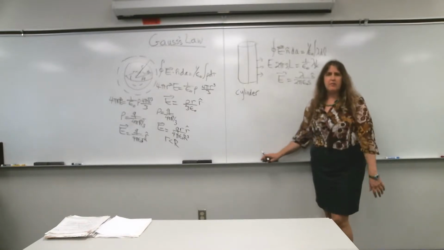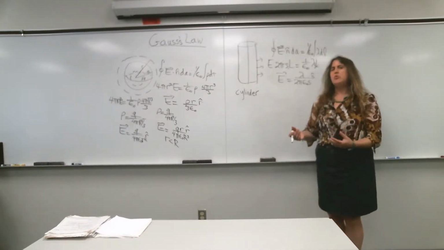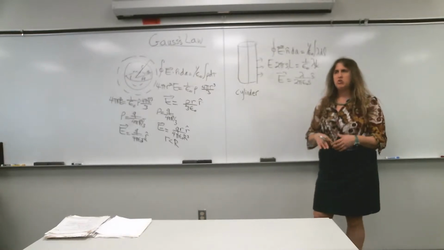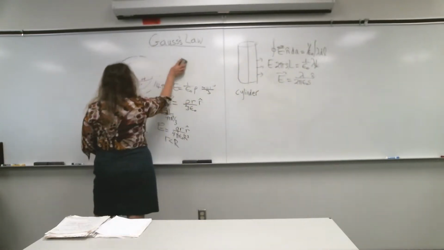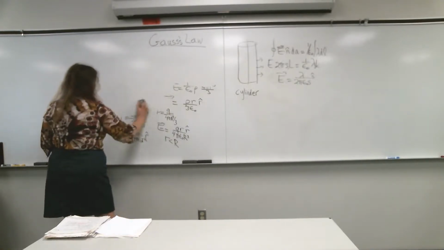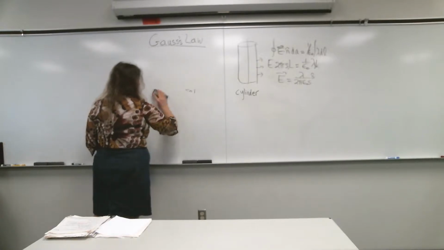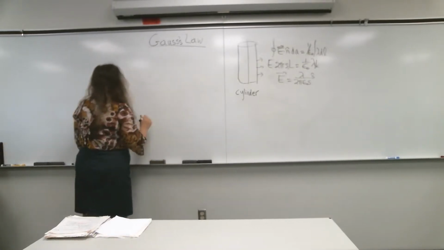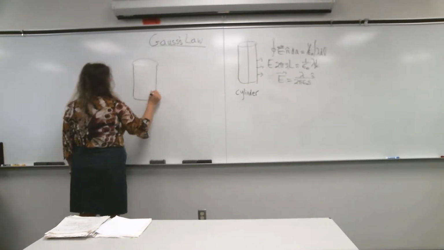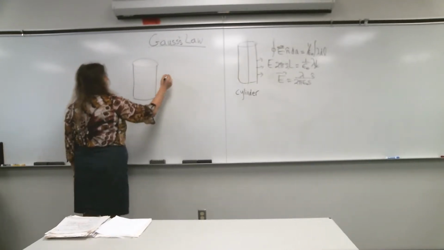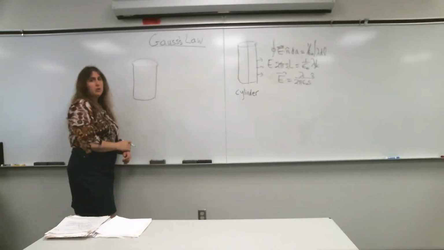Problem that we didn't solve last time around, but it's closely related to this one, is what do you do if you have a uniformly charged cylinder? So what Gaussian surface do I choose here?